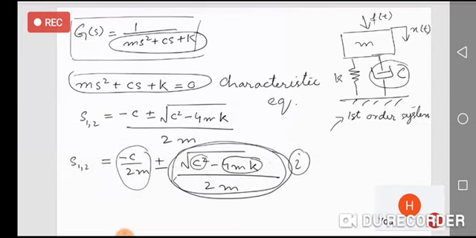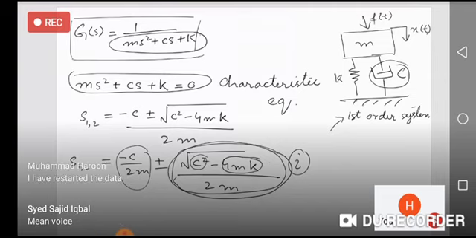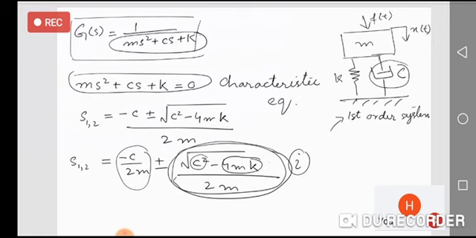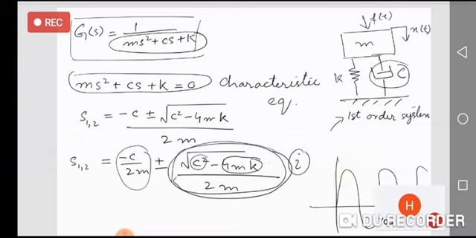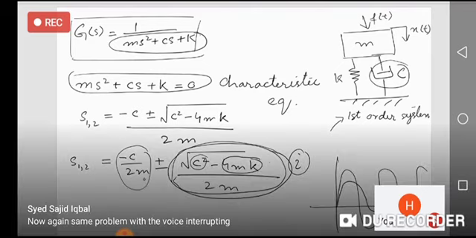A second order system can have four different types of responses: undamped response and underdamped response. In these two responses, the system oscillates. For the first two types of responses, the system oscillates because the 4mk value is greater than c square.